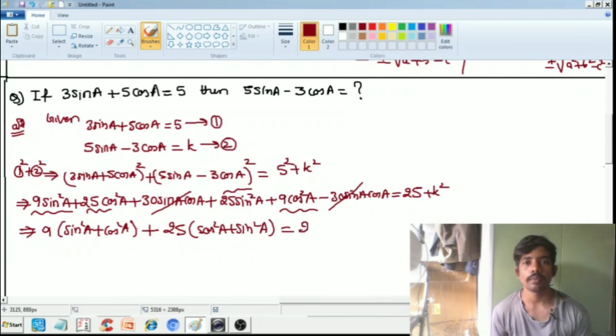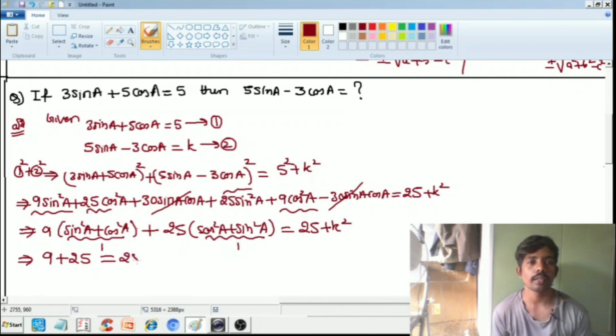is equal to 25 plus k square. Now this can be written as 9 plus 25, because this is an identity, this becomes 1 and this also becomes 1. So 9 plus 25 is equal to 25 plus k square. From here 25 cancels, and k square is equal to 9, and from here k is equal to plus or minus 3.